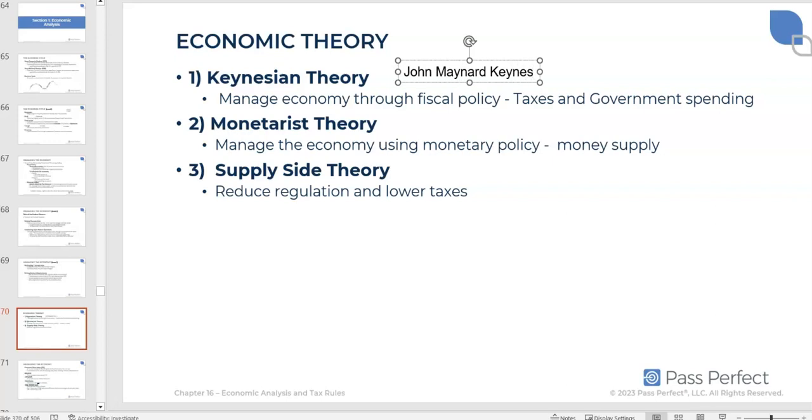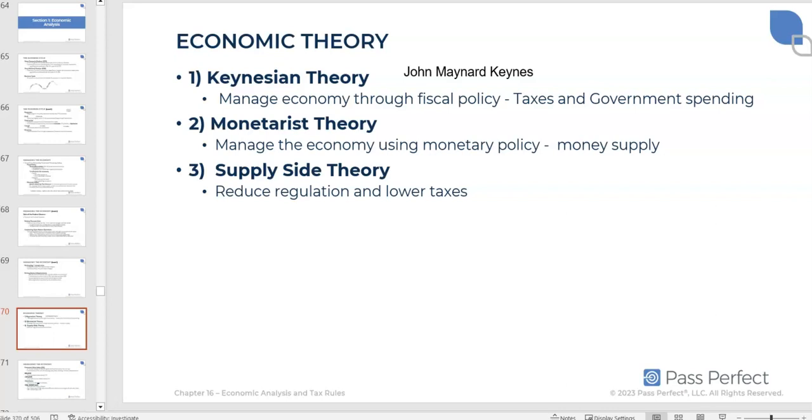So in Keynesian theory, under John Keynes, this basically holds that the economy is managed through fiscal policy. Government action is the main driver of the economy, and therefore it's a country's duty to manage the overall economy through its policies regarding taxes and government spending, to either stimulate the economy by lowering taxes or increasing spending, or contract the economy by raising taxes and lowering spending.